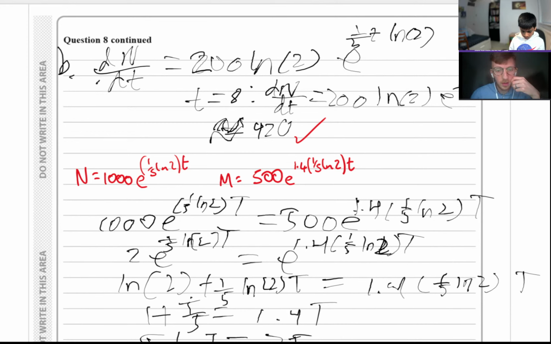I can see where you've gone wrong, Cordelia. I've spotted it. So you've got going up to this line here. Okay, you can see you've got ln2 plus 1/5 ln2t, and on the right you've got 1.4 times 1/5 ln2t, and the next step you divide through by ln2. Yeah.